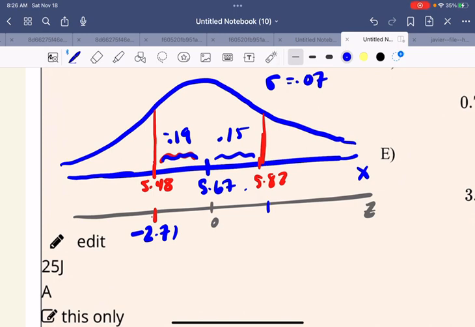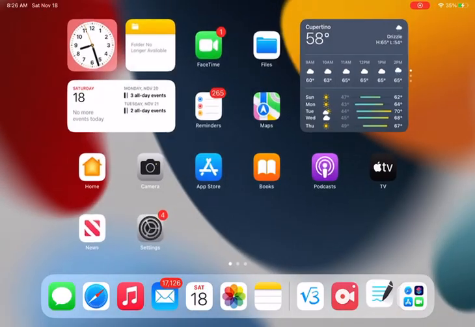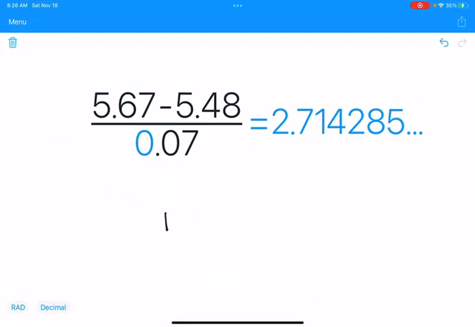Now I've got to convert that using my standard deviation. 0.15 grams. Each 0.07 gram is one standard deviation. To figure out how much that is, all I do is divide. So I would divide 0.15 divided by 0.07.